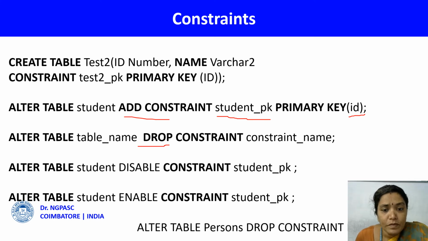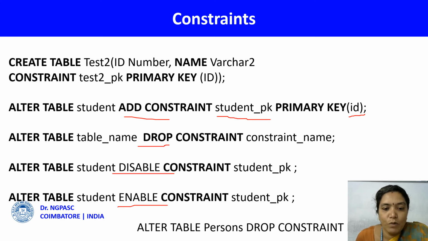Apart from dropping a constraint, I can disable and enable a particular constraint. Instead of dropping a constraint, I can disable it for a particular amount of time, and if there is a need for my constraint, I can enable it again. I can do that with the help of the ALTER TABLE statement itself.